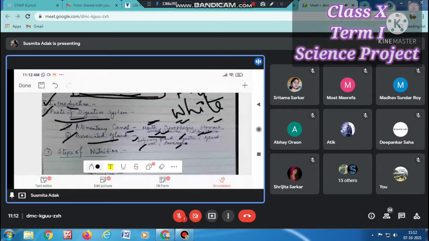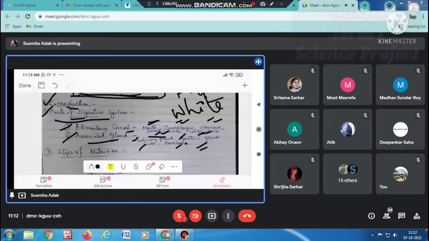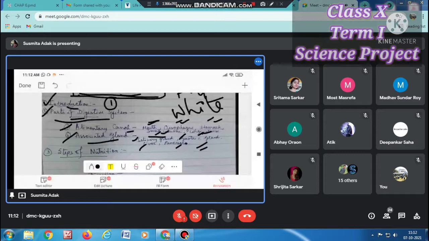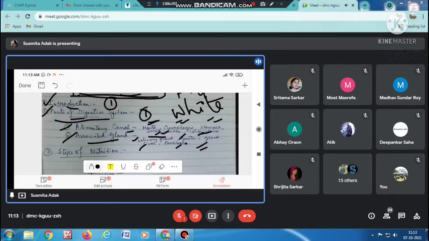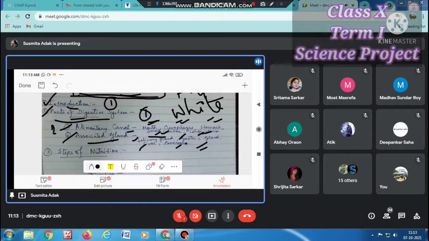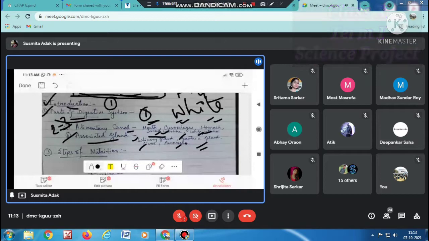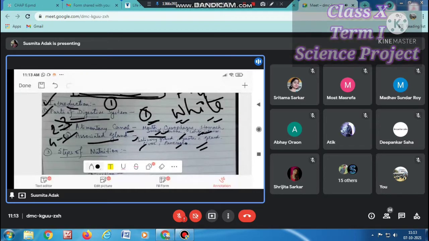So the second point, parts of the digestive system, is completed. The introduction will be on the first page. Then the parts of the digestive system you can start on the first page also, but the alimentary canal will be on pages 2 to 3, and pages 4 to 5 will be the associated glands. So the project till now has 5 pages.